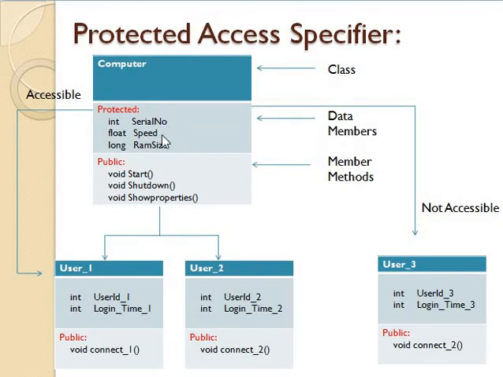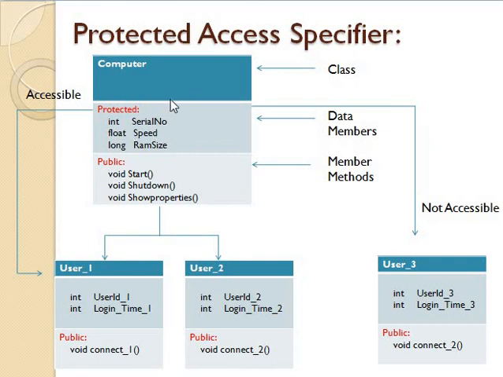That's why the data members serial no, speed and RAM size, which were declared of type protected as the access specifier for the class named computer, shall be accessible within its own class called computer, as well as to the inherited classes user1 and user2. But these data members shall not be accessible to the class user3, because the class user3 is not an inherited member of the class computer.